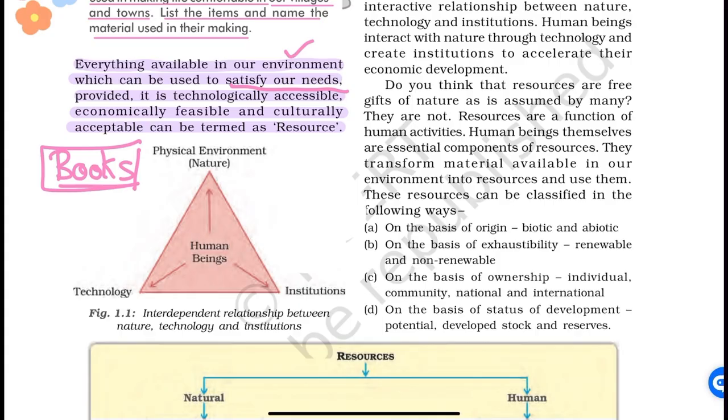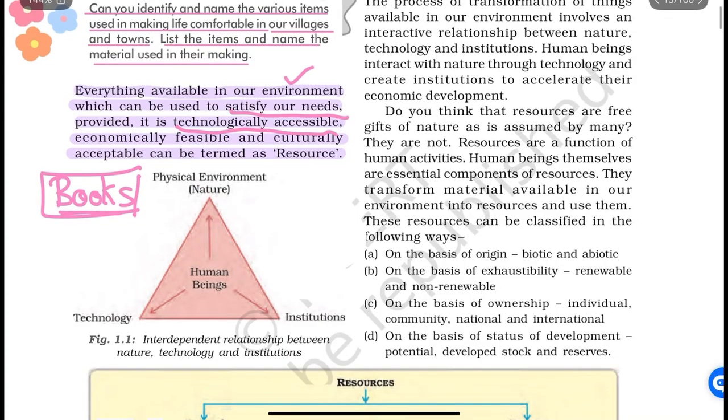If you want to be educated, read books, you will be educated. So education is your need, and books satisfy your need. They are technologically accessible. Yes, you can also study on the screen or buy it from a shop.